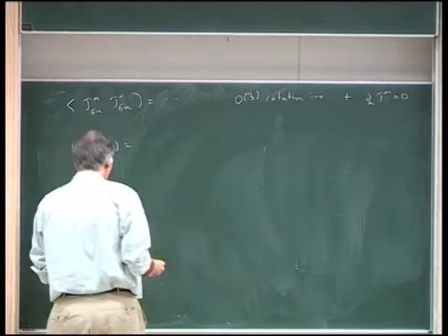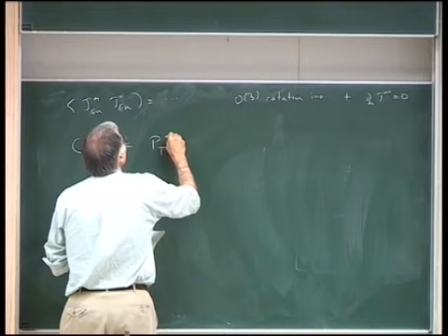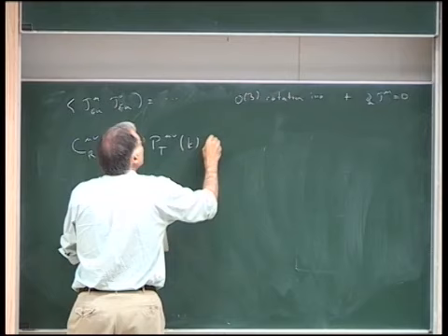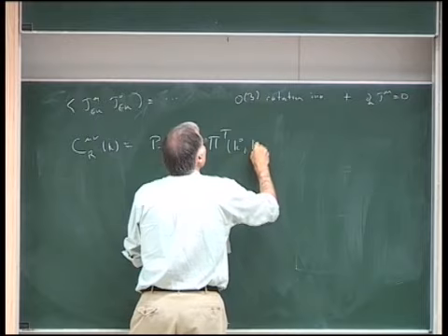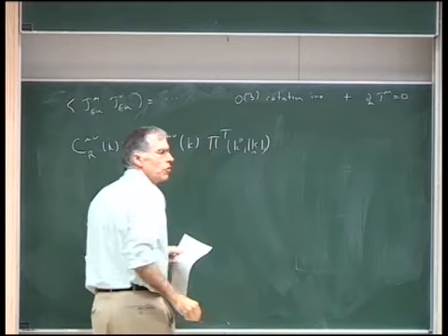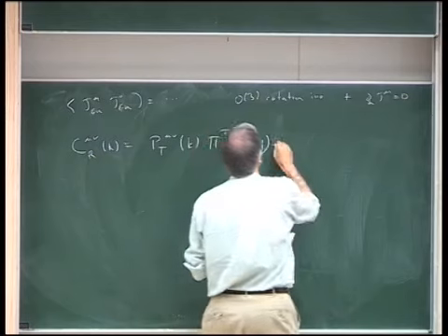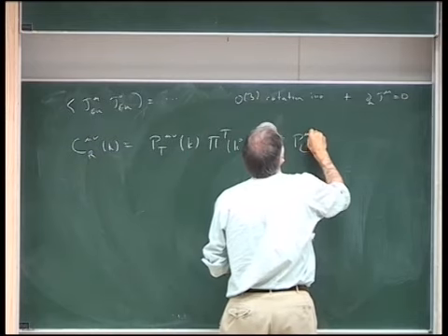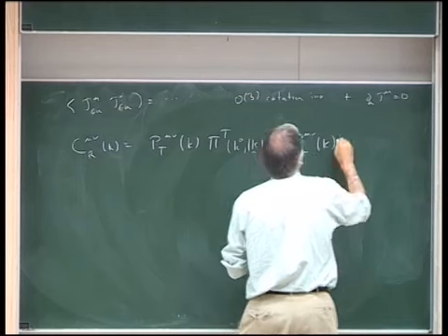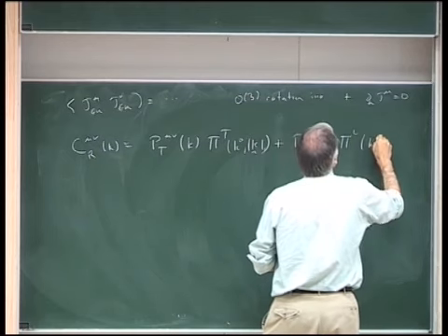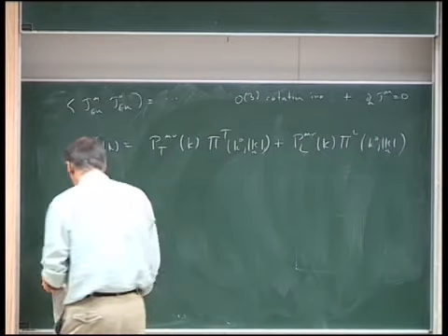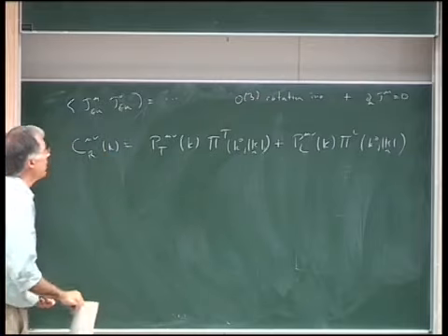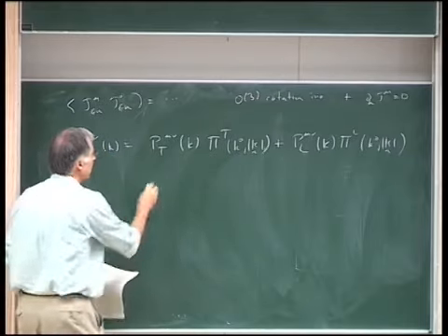Therefore, there are 2 linearly independent structures that can emerge because I can build 2 different things. So what do I have here?